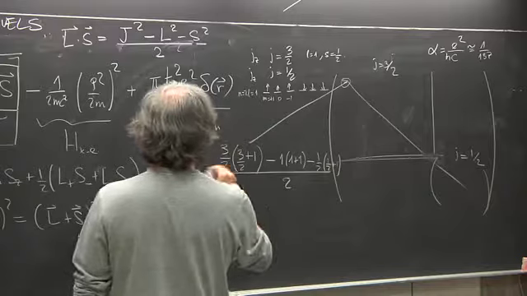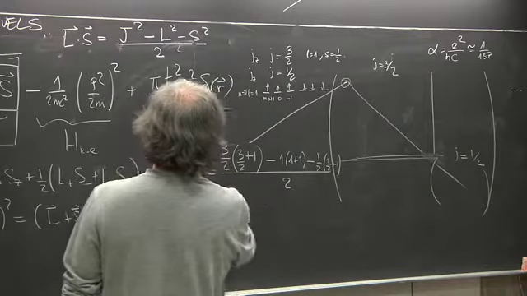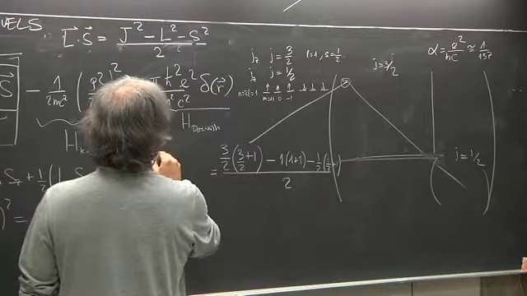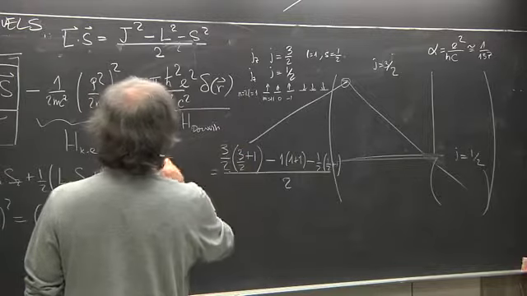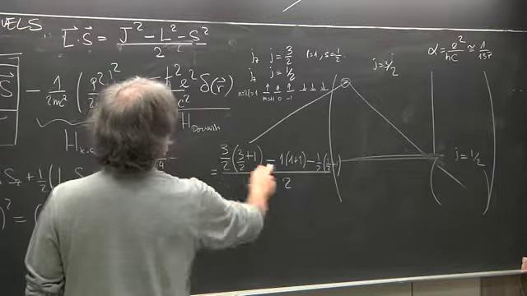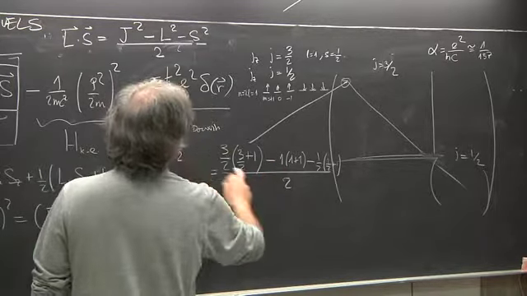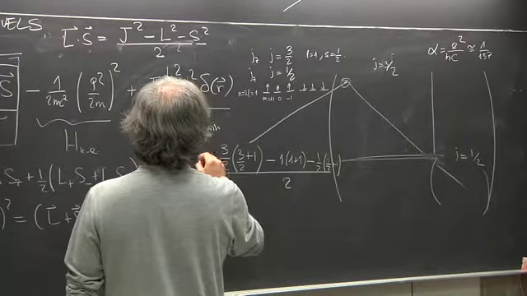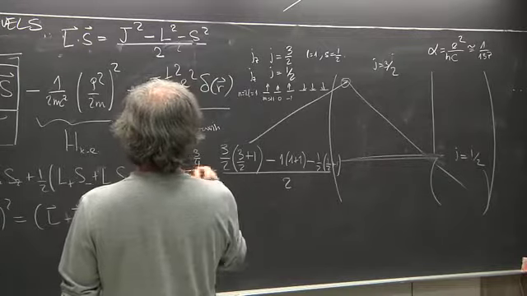Let's calculate this number. So this is 3/2 times 5/2, so 15 over 4, minus 2, minus 3/4, divided by 2.